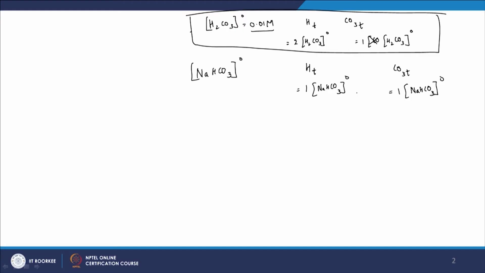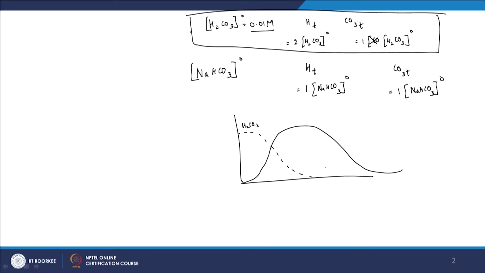Again, to refresh our memories, where is this from? If you look at the speciation, this is the H2CO3 concentration, this is going to be the HCO3 minus concentration, and this is going to be the CO3 2 minus concentration.